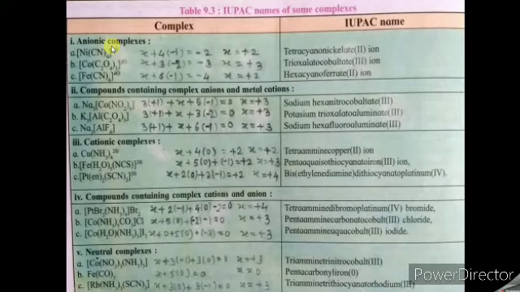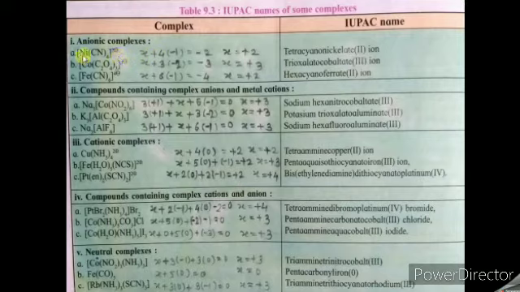So first type is anionic complex, which means it is a negative complex. First compound is [Ni(CN)4]2-. First of all we will calculate the oxidation state of nickel. There are four cyanide ions, which act as ligands, each carrying 1 minus charge.